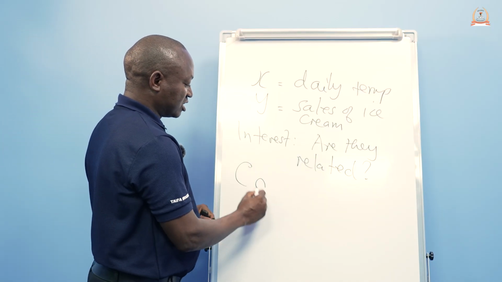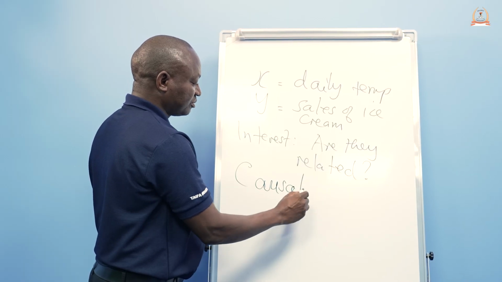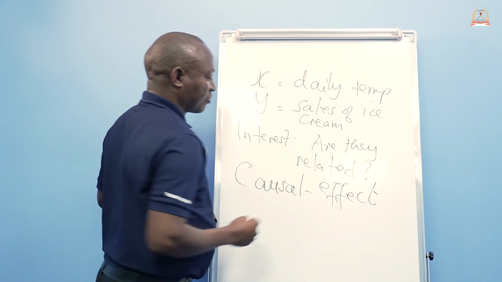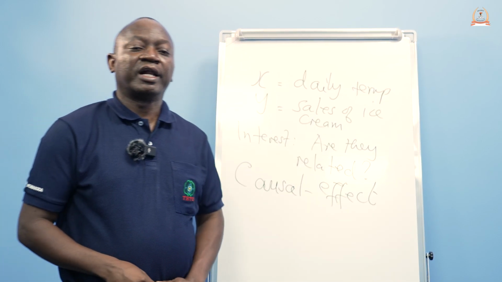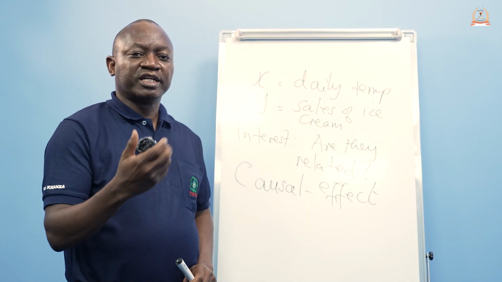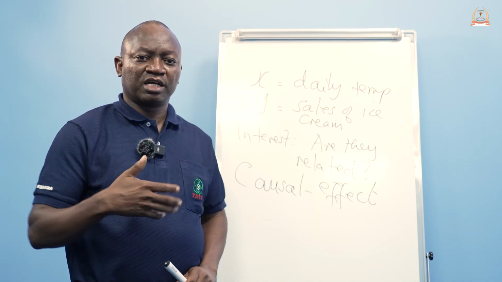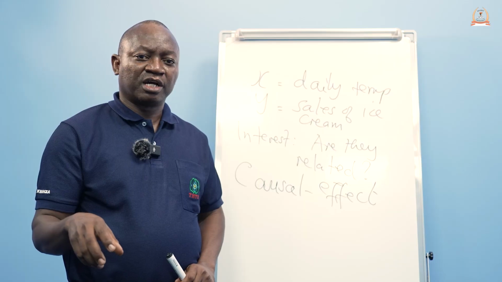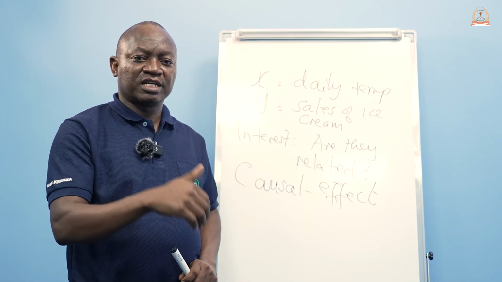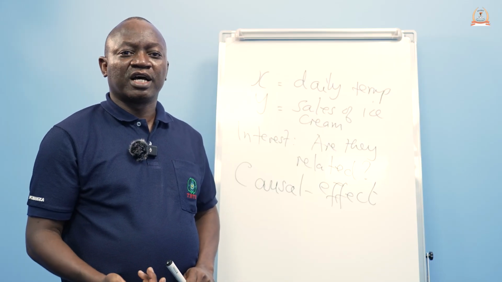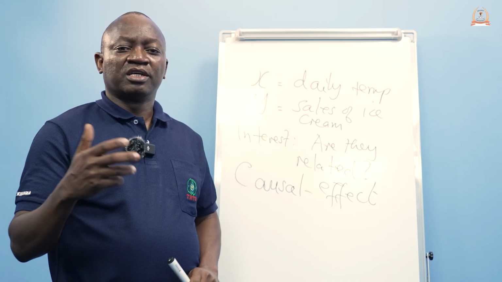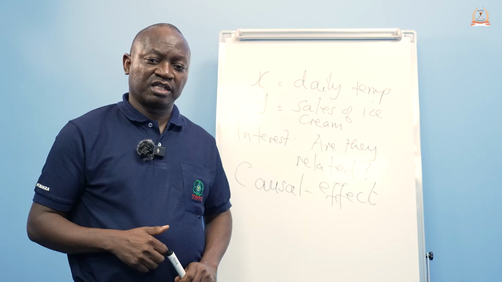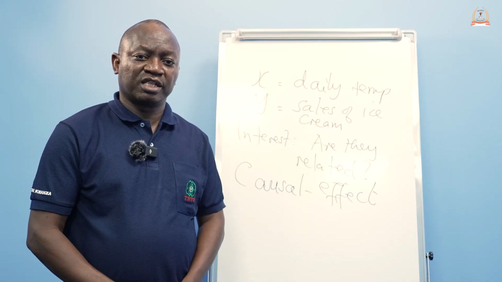So we will be interested to see whether they have a causal effect relationship. Do they really cause each other to happen? Does daily temperature lower sales of ice cream? Do they really affect each other?